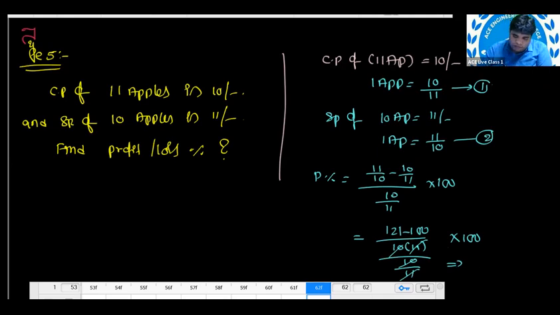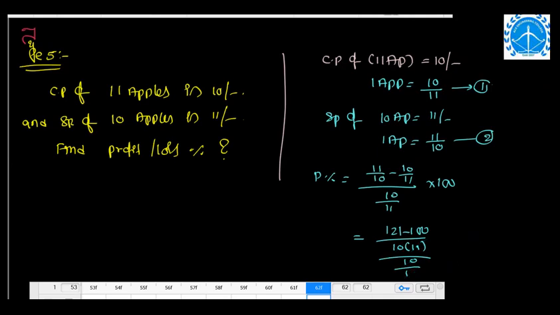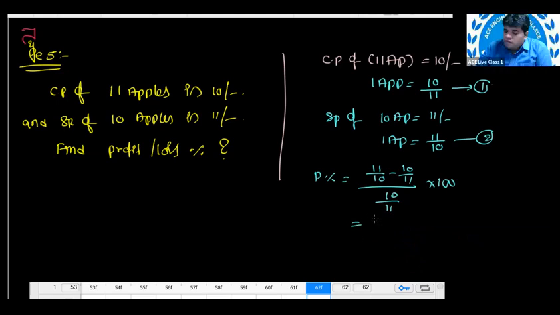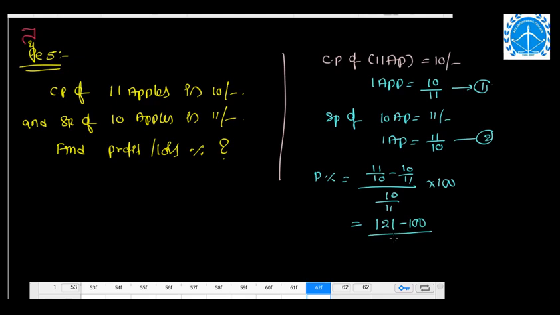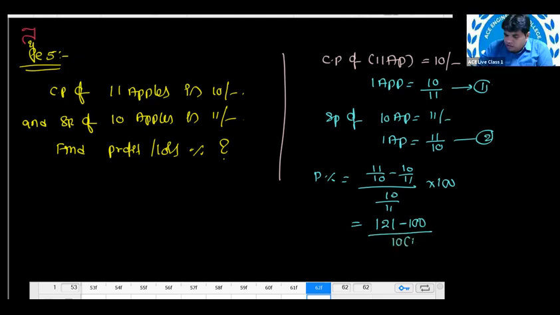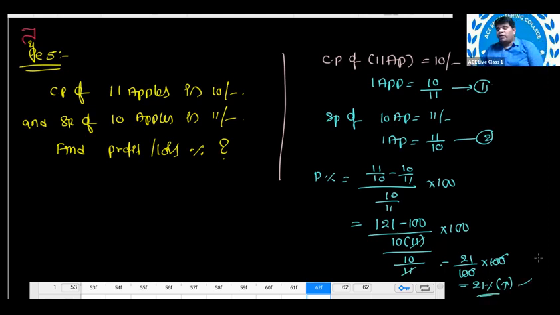The 10 will not cancel. 121 minus 100 upon 10 into 11, upon 10 by 11. 11 and 11 cancel, into 100. 21 by 100 into 100. 100 cancels, 21% profit. It is a positive value, so we are getting the profit.